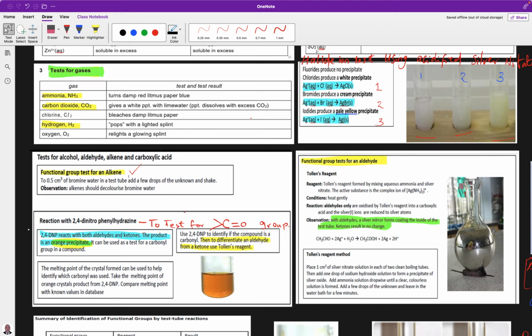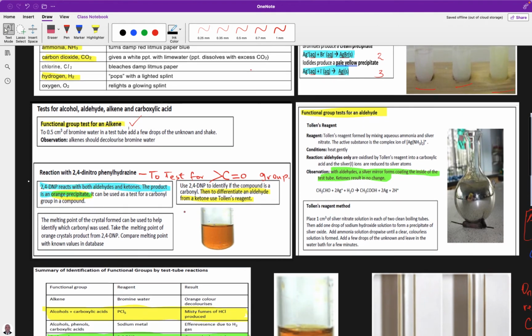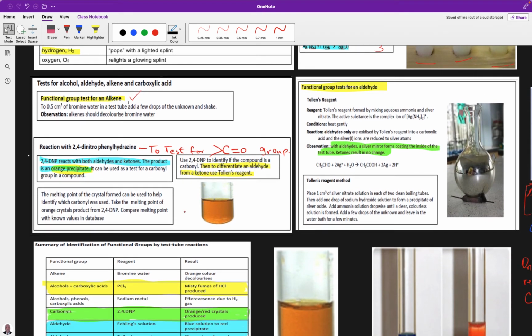Now again, we may go further to test for the presence of carbonyl compounds. Carbonyl compounds have a carbonyl functional group. A carbonyl functional group is a C double bond O, attached to other alkyl groups.